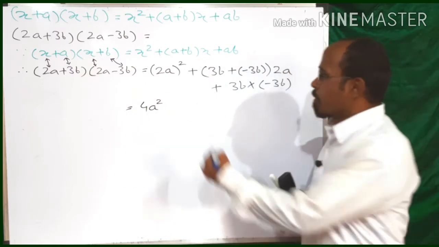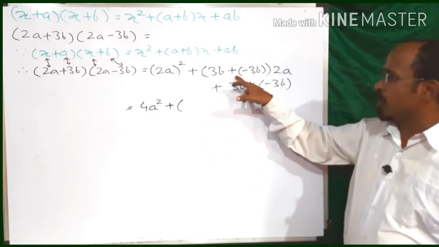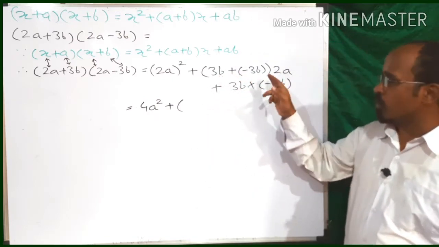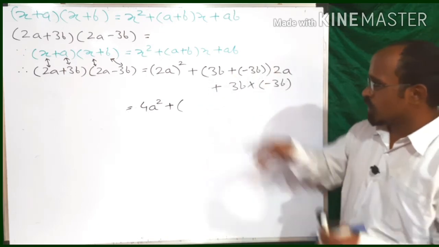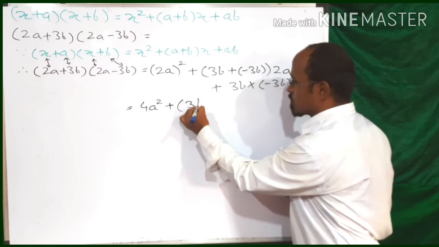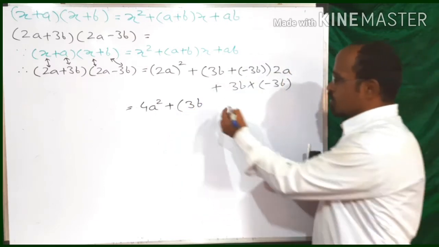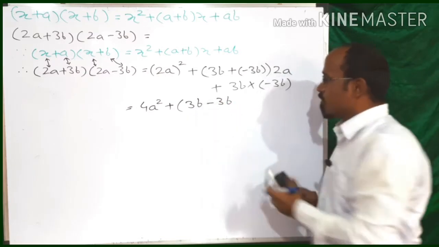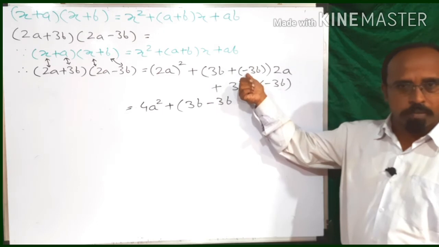Okay. Plus into the bracket (3b + (-3b)). According to BODMAS, we have to solve the bracket inside the bracket first. So this first 3b will be as it is. Plus minus minus, so it will be minus 3b. Whenever the symbol outside the bracket is plus, we don't change the symbol of the number inside the bracket.